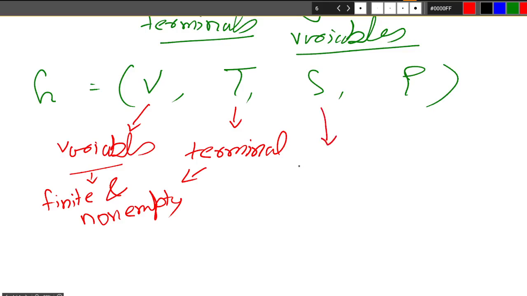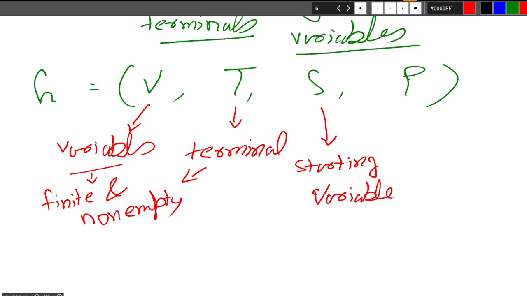This is the starting symbol, let me call it a variable. This variable will also be present in V. So with this variable you will always start.